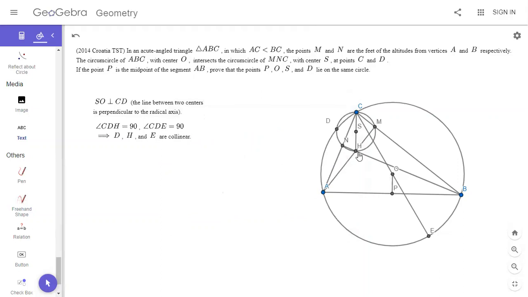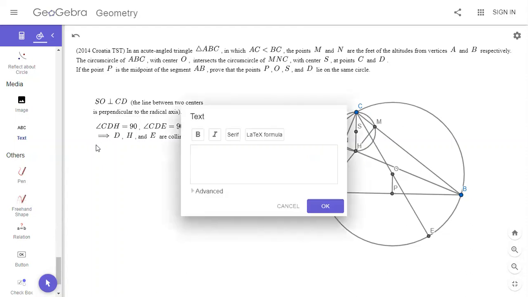And then HAEB is a parallelogram. That's not hard to show.